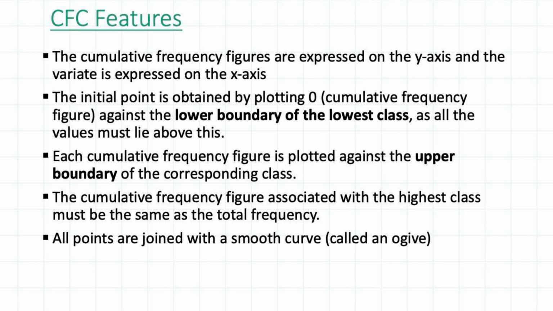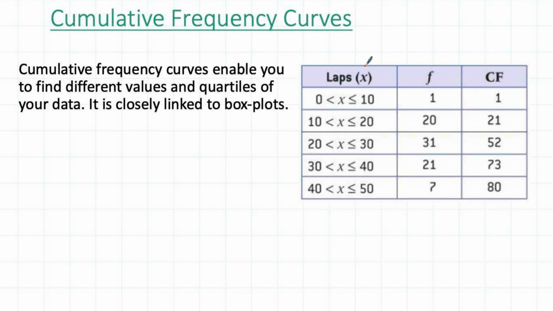So some features, let's talk about this before we start doing the graph. The cumulative frequency is on the y-axis, and then the variables are on the x-axis, and we represent them using a normal scale. You plot the initial point of the graph by taking the lowest boundary of the lowest class, so in this case it would be 0, and plotting it against 0.